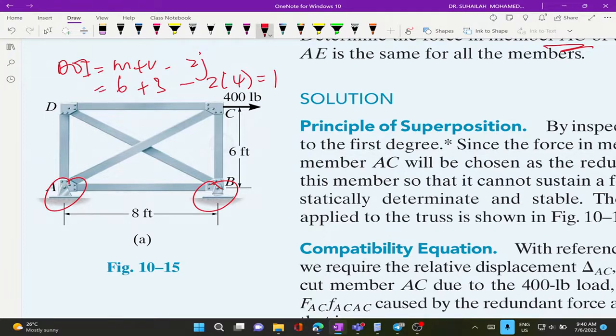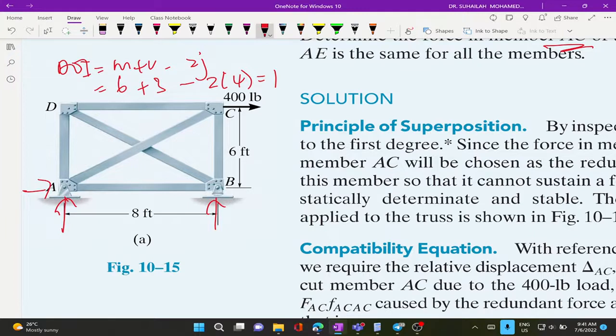We also have to check the stability. The truss is stable whenever it has one pin and one roller, as it does here. The minimum unknown reactions to get a stable truss is 3.